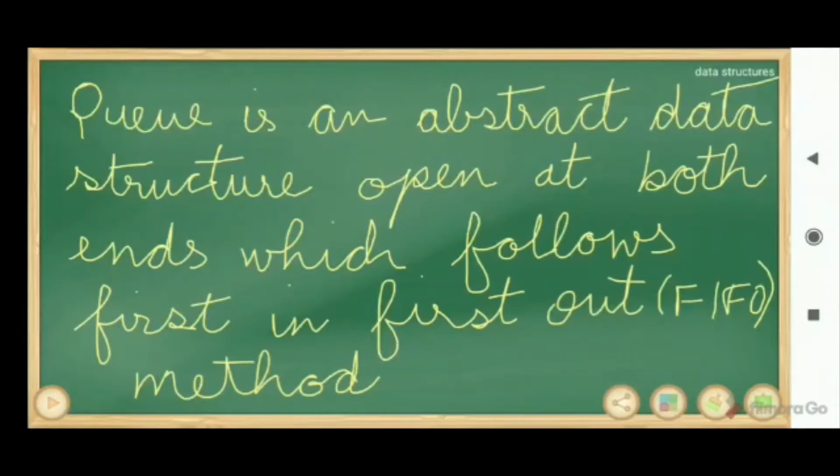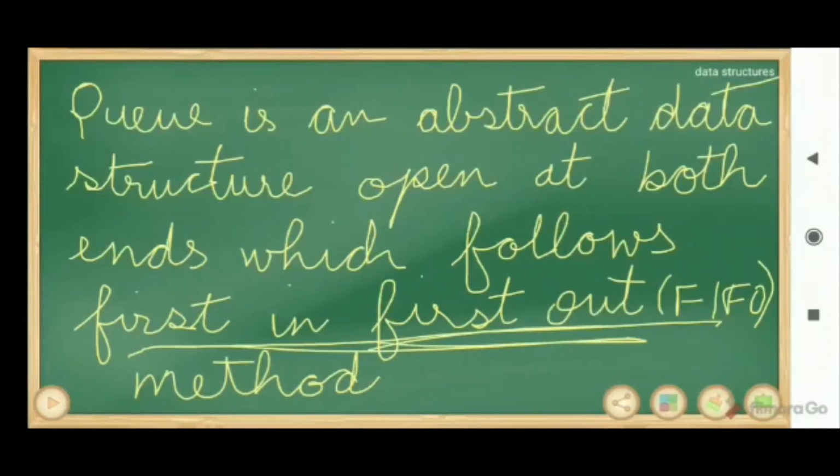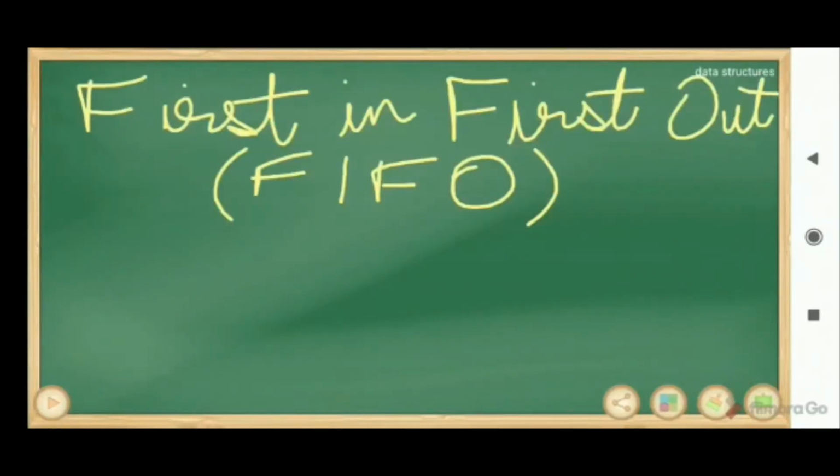So the most important part of this definition is the first in first out method. This is what makes queue what it is. So I'll start by explaining this method. A real life example of the first in first out method can be any queue.